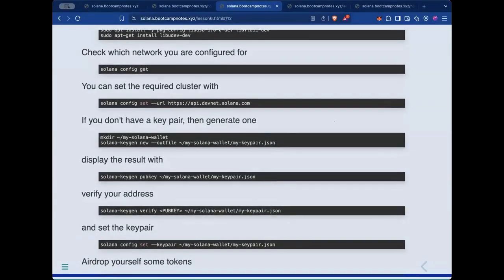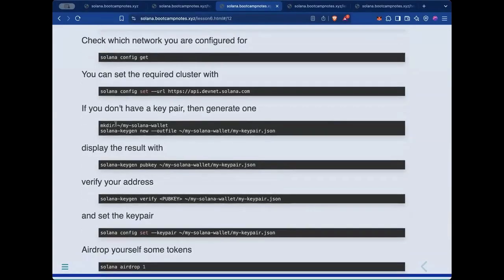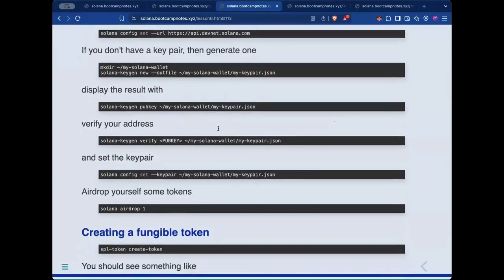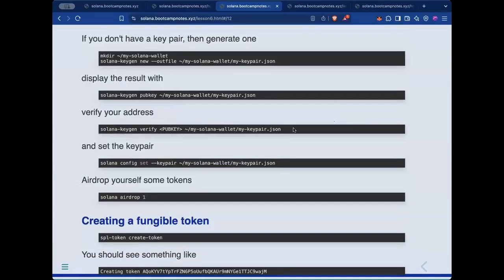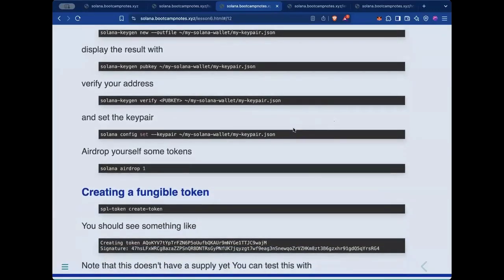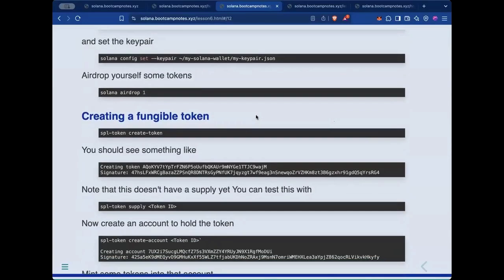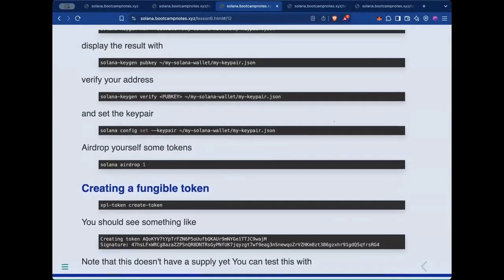We saw previously about creating a key pair, so this is just going through that again. If you haven't already done that, then this is details of how to do that and how to verify the address of your wallet. Also how to get an airdrop. So that's just the background. You've probably already done that, but if not, then that's details.